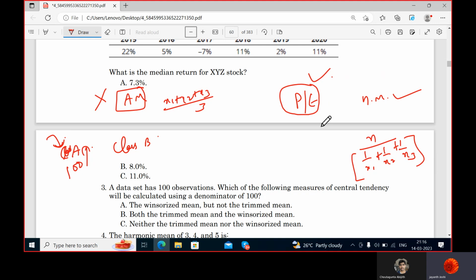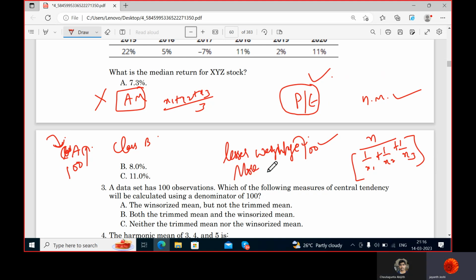But how? In the harmonic mean, we will give lesser weightage to extreme values. That means if this is 100, we will give lesser weightage to it, and we will give more weightage to regular, non-extreme values.